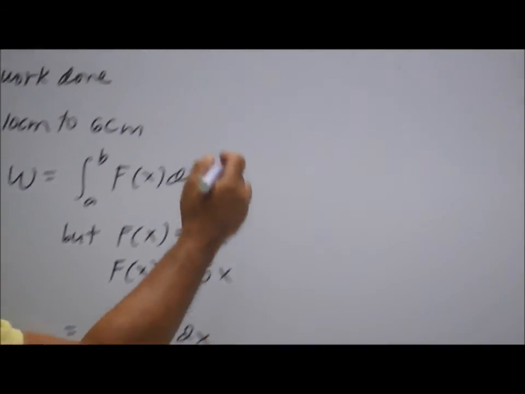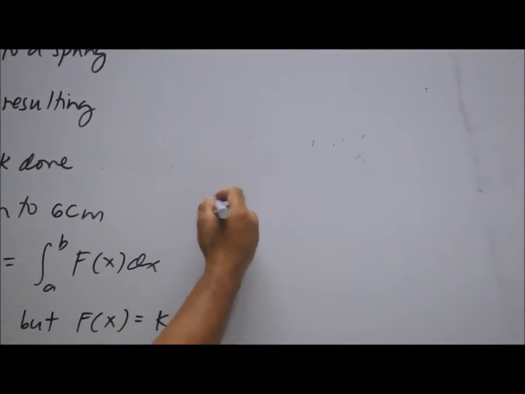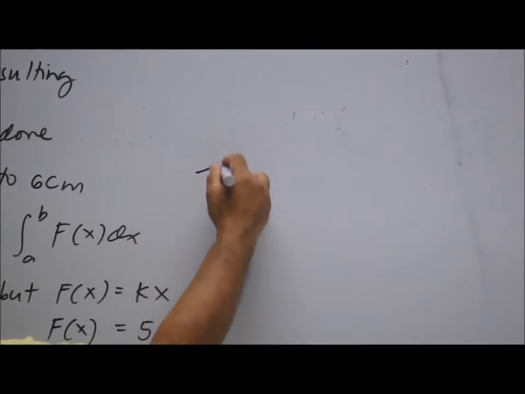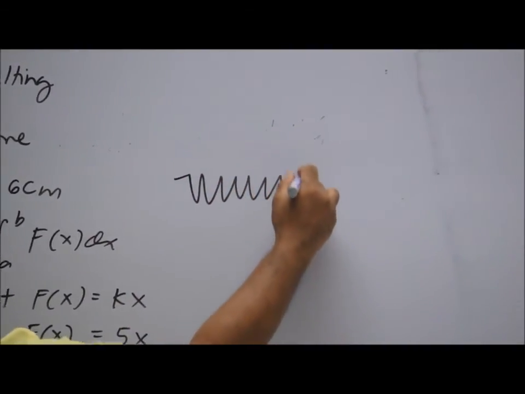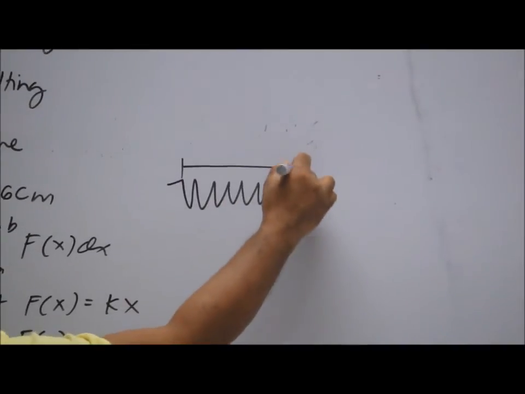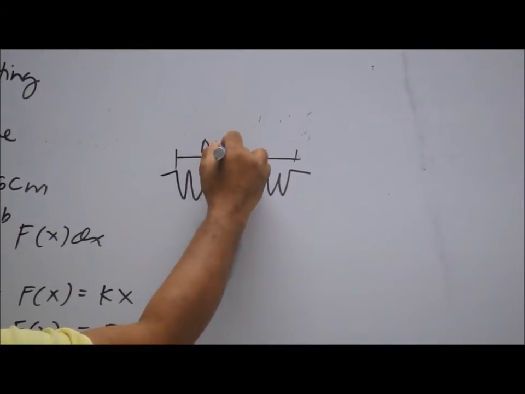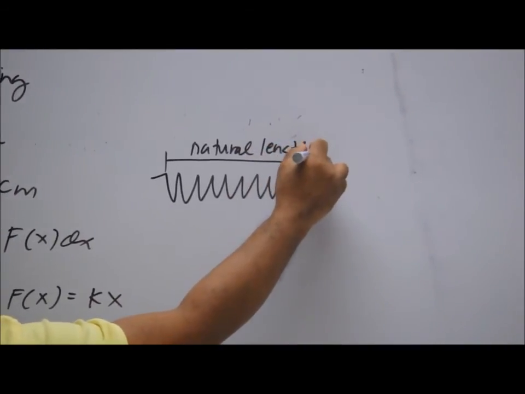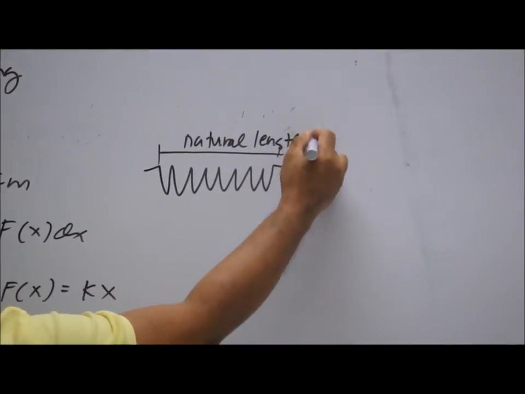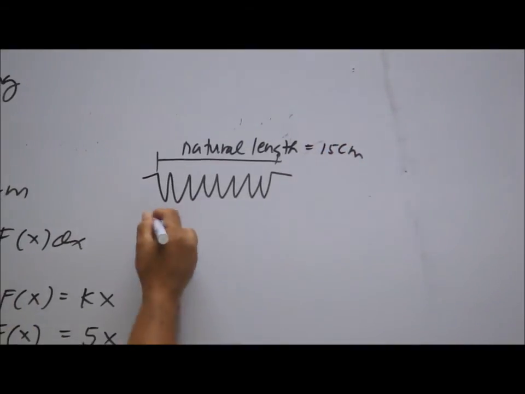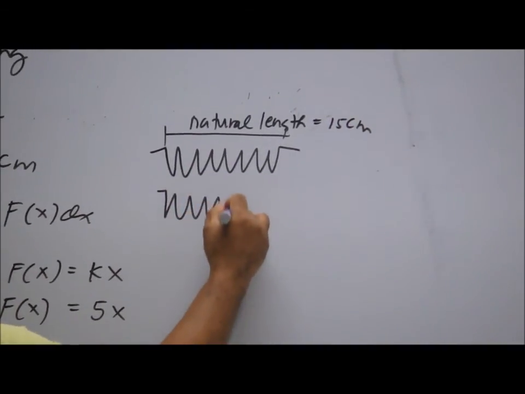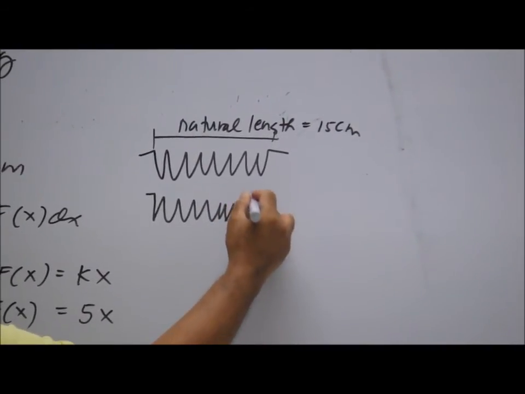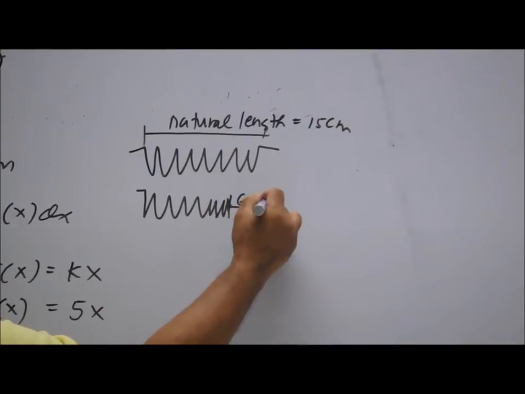Okay, so let us have the situation drawn. So let's have the spring. Suppose this is the natural length of the spring. The natural length is equal to 15 centimeters. And we have the resulting compression of the spring, which is 6 centimeters. This is the x, okay?